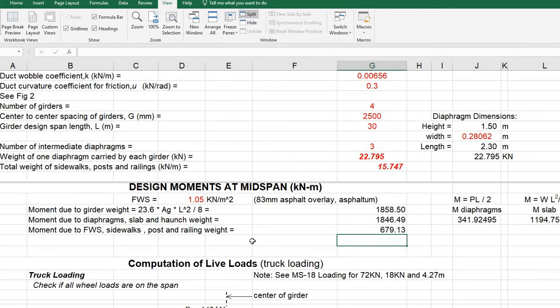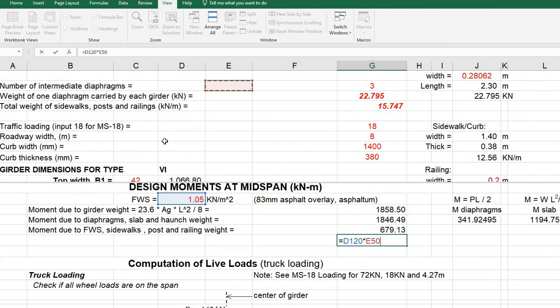Okay, ulitin natin. Para sa moment due to future wearing surface, sidewalks, tsaka post and railing weight. So, unahin natin si future wearing surface. And that is 1.05 times yung road width na 8 meters. Ito. So, roadway width is 8 meters.